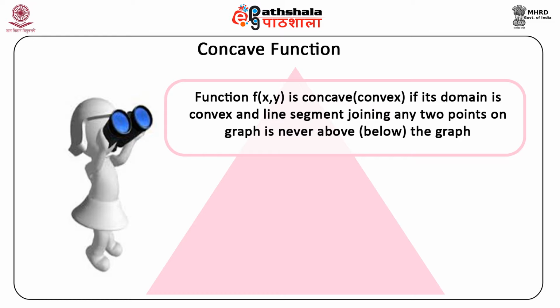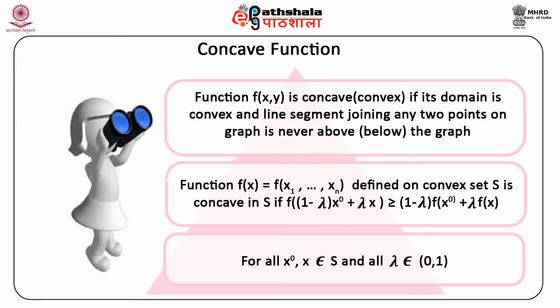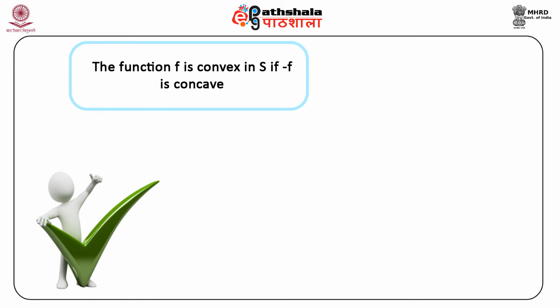Definition of a concave function: a function f of x equal to f of x1 going till xn defined on a convex set S is concave in S if f of (1 minus lambda) x0 plus lambda x is greater than or equal to (1 minus lambda) f of x0 plus lambda f of x for all x0, x belonging to S and all lambdas belonging to [0, 1]. The function f is convex in S if minus f is concave.